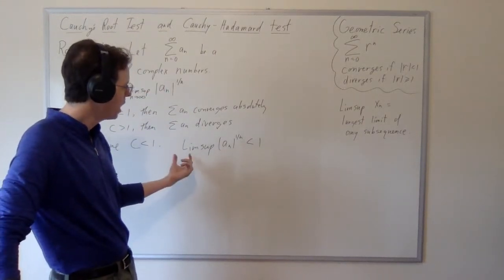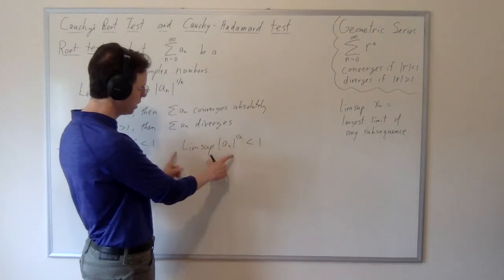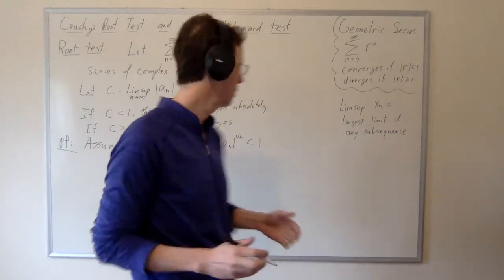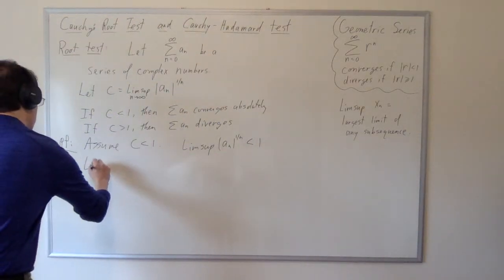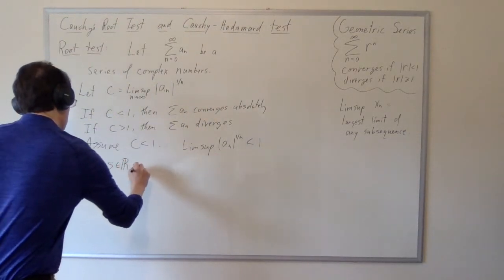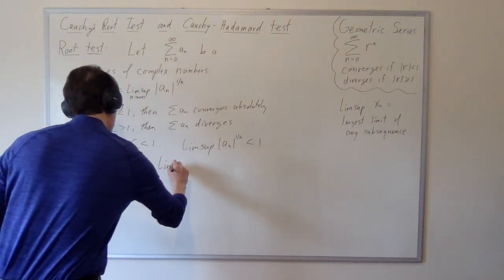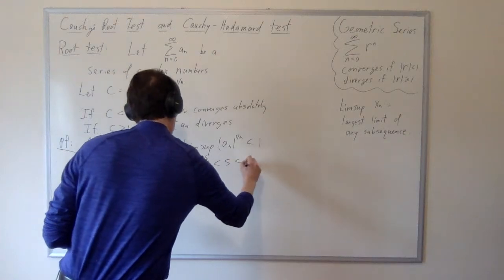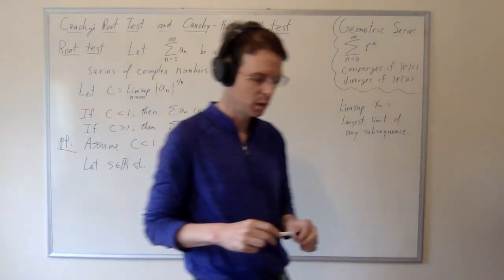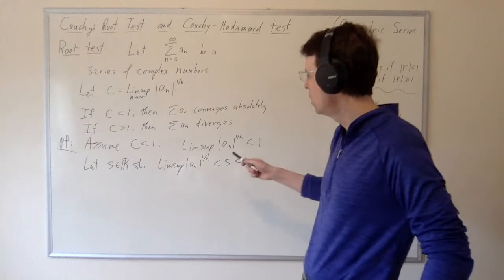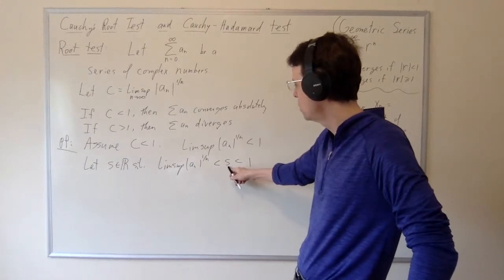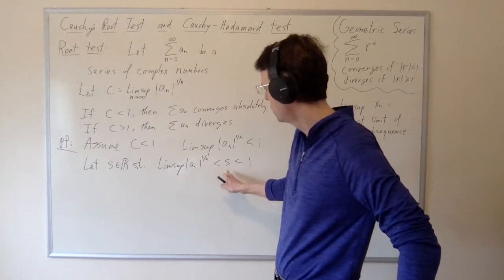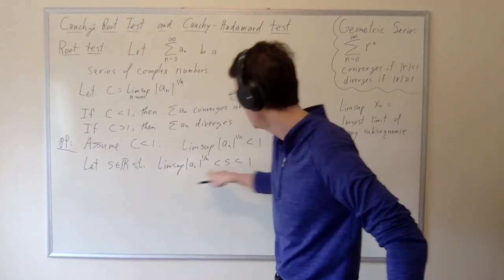And that means that if I split the difference between this lim sup and 1, and choose a number in between the lim sup and 1, so let's let S be in the reals so that the lim sup of |a_n| to the 1 over n is less than S, which is less than 1. If I split the difference, then no limit converges to S, no limit converges to anything higher than S, no limit converges to anything even in the range between this thing and S.